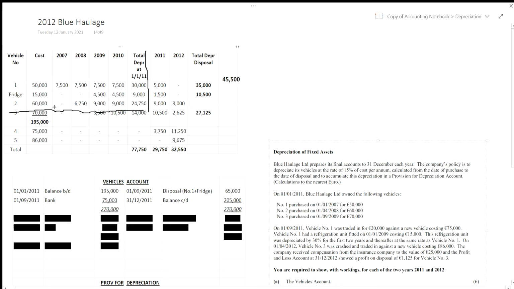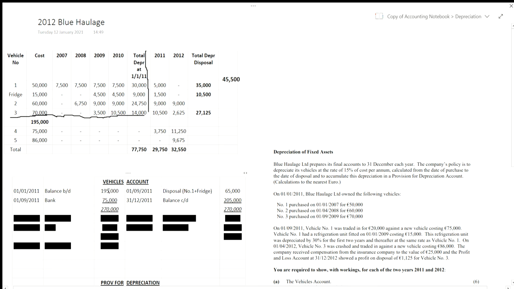So that's why I add up these four figures, the vehicles and the fridge, because these were the vehicles that we owned at the beginning of 2011, and that's their cost, 195,000. So those three vehicles and the fridge at the beginning of 2011 have a cost of 195,000. That's the beginning of the vehicles account.